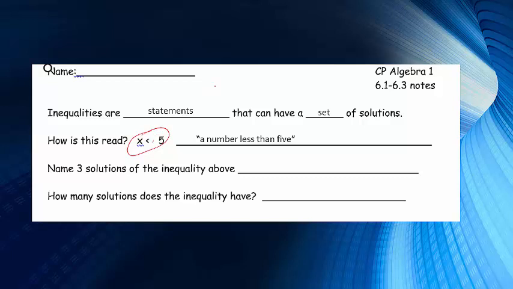A couple examples would be you could have a negative number like -1, you could have a fraction like 3/4, or you can have something as close to 5 as possible, like 4.999 repeating. As long as you don't actually get to 5, it's a solution. So it's important to realize that most of these inequalities will have an infinite amount of solutions because there's infinite numbers that are smaller than 5.